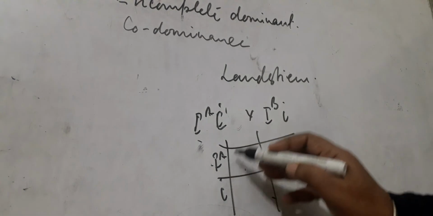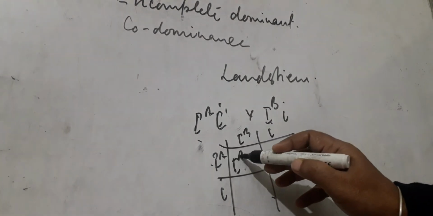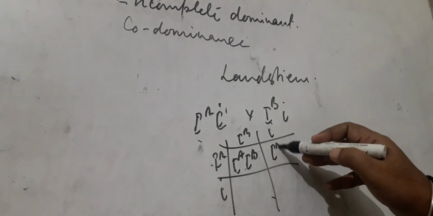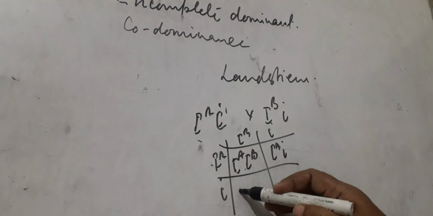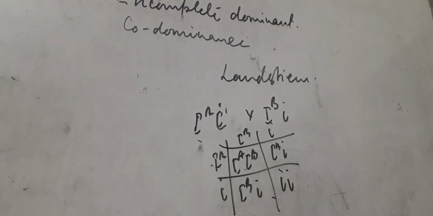A and this, B and this, form AB blood group, A blood group, B blood group, and O blood group. Any four types. The blood groups of parents can have the possibility of more than one blood group.